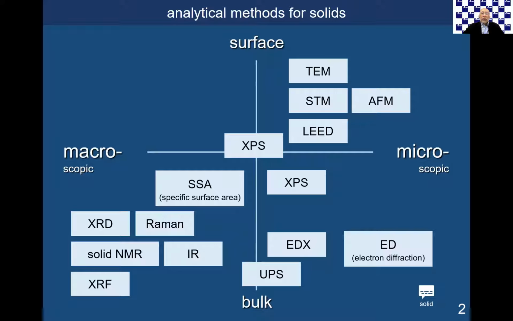And for surface analysis, there are a lot of techniques, but almost all of them are categorized as microscopic. We can know the detailed structure of surfaces by using TEM, STM, AFM, or something. However, they are just microscopic. So we can only see a part of the material, and the easily observed part is chosen for analysis.